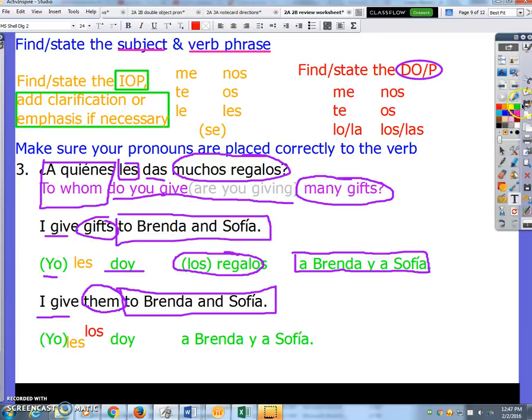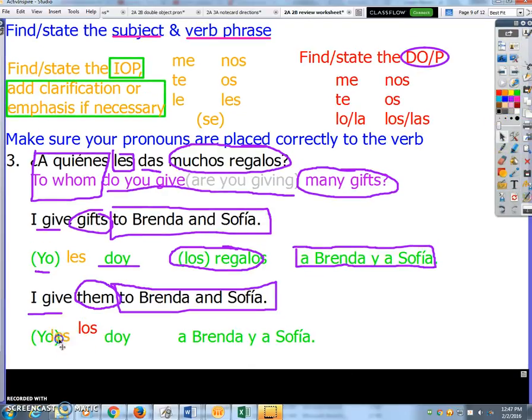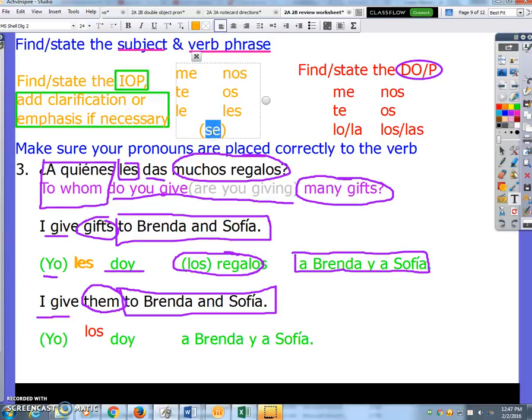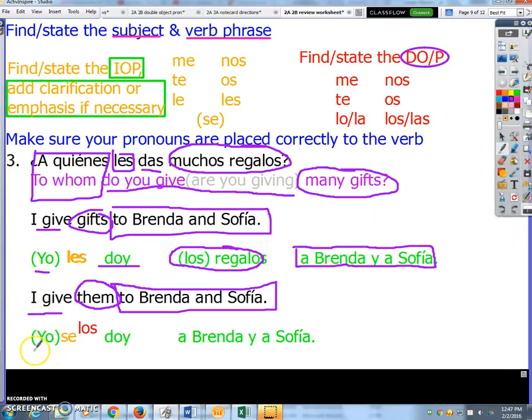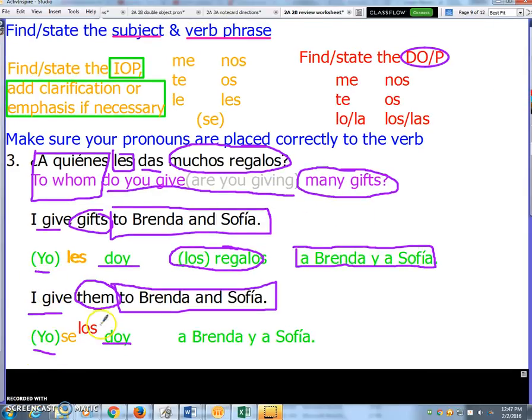So instead, I'm going to get rid of this, and I'm going to have to say los, and that is my sentence. I give them to Brenda and Sophia, and if something's being done to or for someone, I have to have an IOP, and I couldn't have lace because you can't have two that start with the letter L in front of each other, so say los.